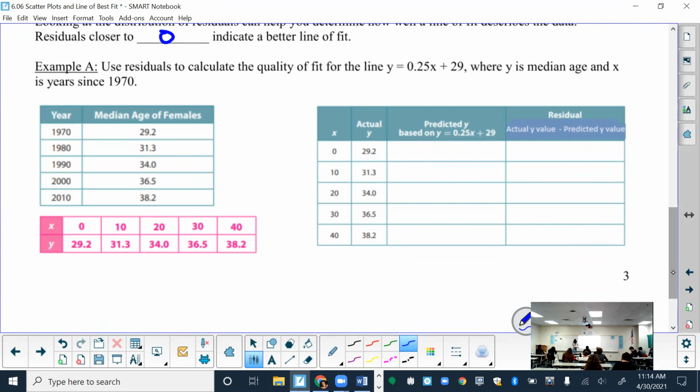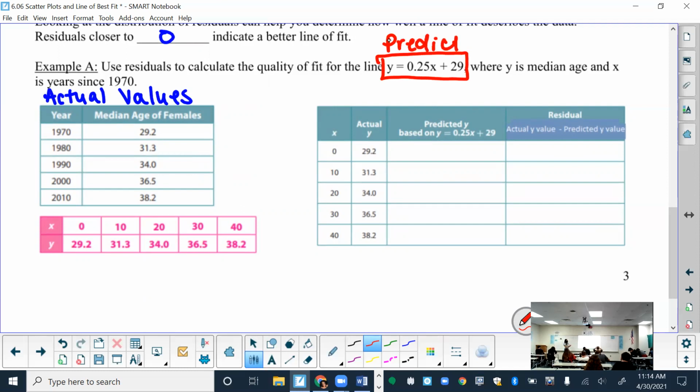That's what I get from the survey or the scatter plot. My predicted values come from the line of best fit.